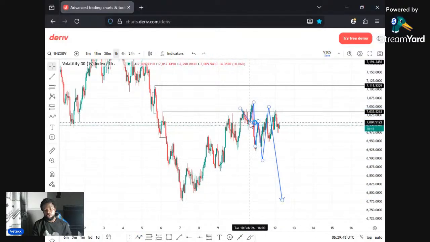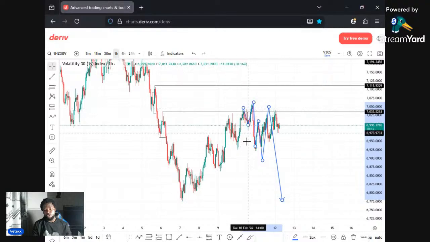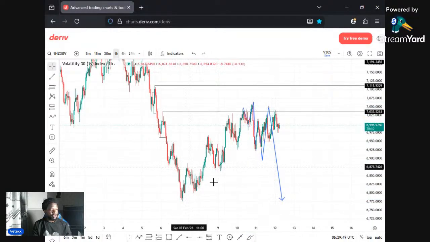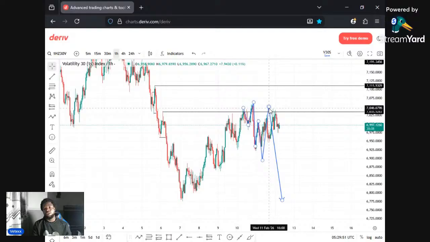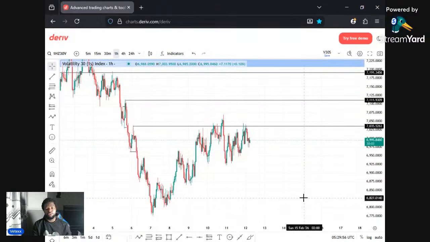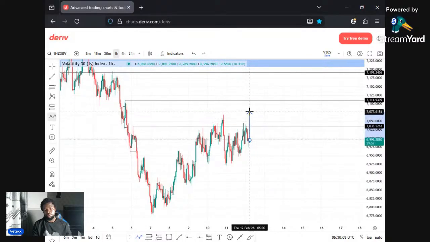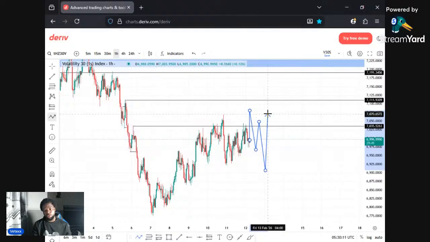So I cannot be in this trade because it hasn't given me the confirmation that I'm looking for. I can't do that until it happens, and then I'll be ready to take a sell on V30s. It might do something like this: I come here and then sell off.